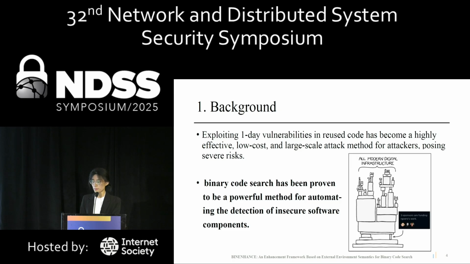Exploiting one-day vulnerabilities in reused code has become a highly effective, low-cost, and large-scale attack method for attackers, posing severe risks. As you can see, any small mistake can cause the entire flow to collapse. Binary code search has been proven to be a powerful method for automating the detection of insecure software components.